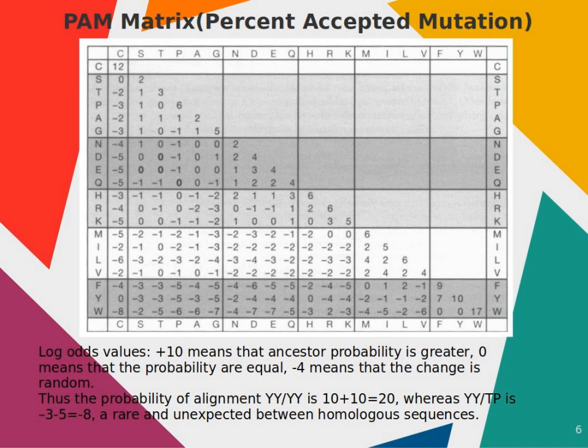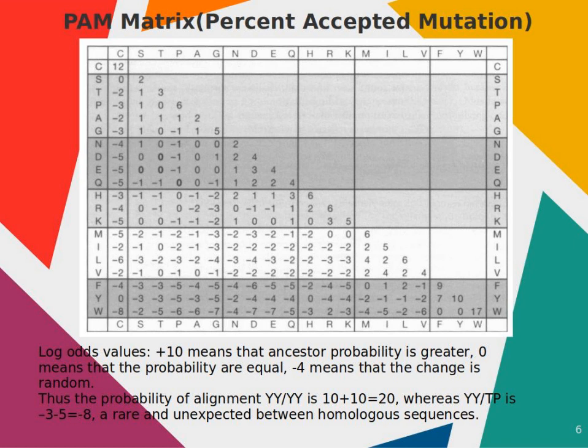Thus, if we find the probability of alignment of two sequences of YY, we know from this PAM table that the value is 10 for the YY alignment. So YY, 10 plus 10, 20.